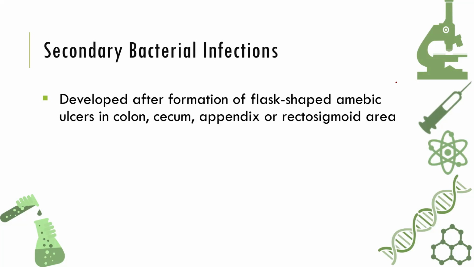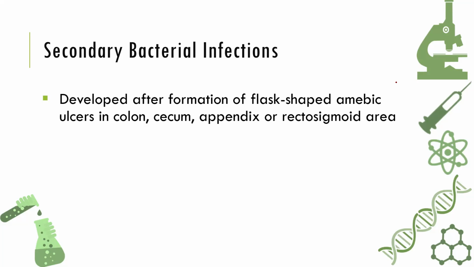Now, I've said that secondary bacterial infection is common. Bakit? Ito na yung explanation ko kanina dun sa life cycle. Meron kang lesions, meron kang bacteria sa tiyan mo, meron kang bacteria sa intestine mo, wow.